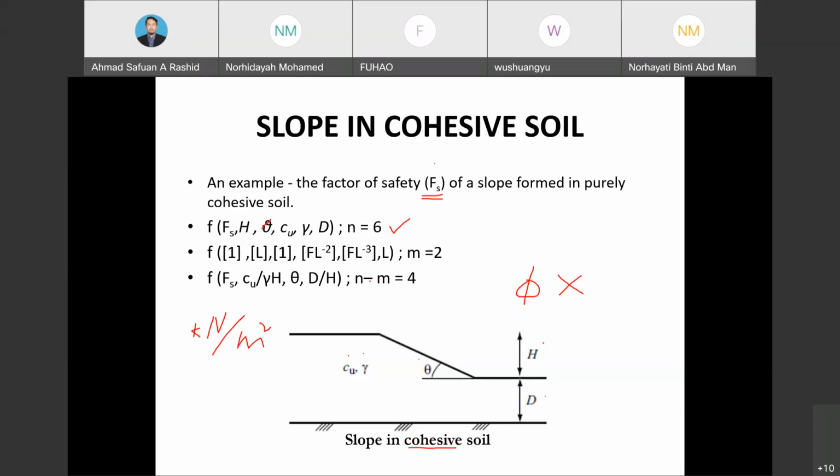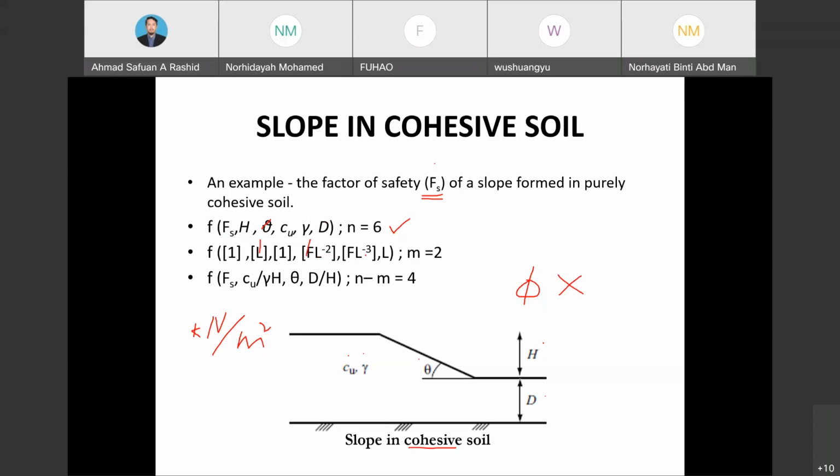So then we count how many primary dimensions are in all the parameters. Later on we only have 2 primary dimensions: first is L and the second is F. Do not count repeated primary dimensions.